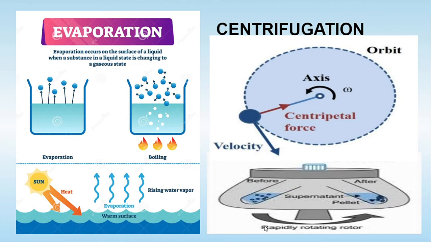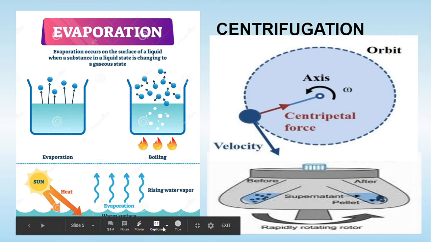Another unit operation is known as evaporation. Evaporation is a unit operation in which we remove the liquid present in higher quantity when the substance changes state, and this liquid is converted, in the case of water, from water liquid to water vapor.